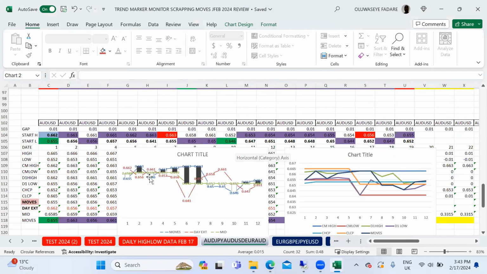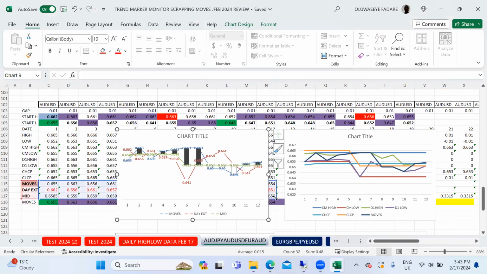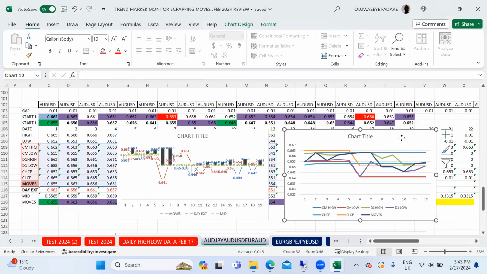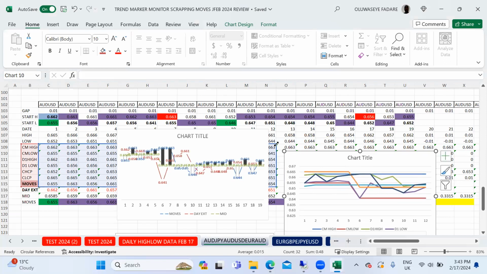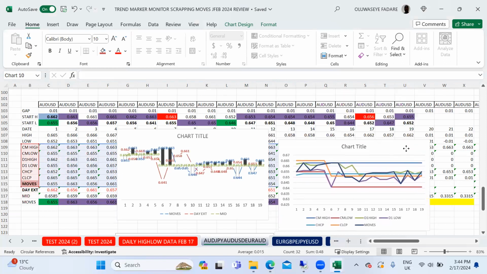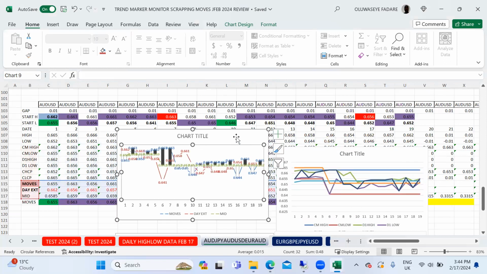So let's look now at the second theory. You can see, just because of the formatting, the move of the market moving up and down, showing the white coming down, the black up, the white coming down.